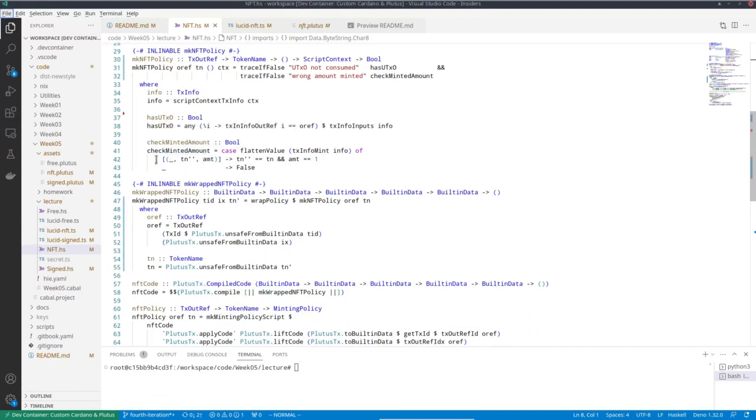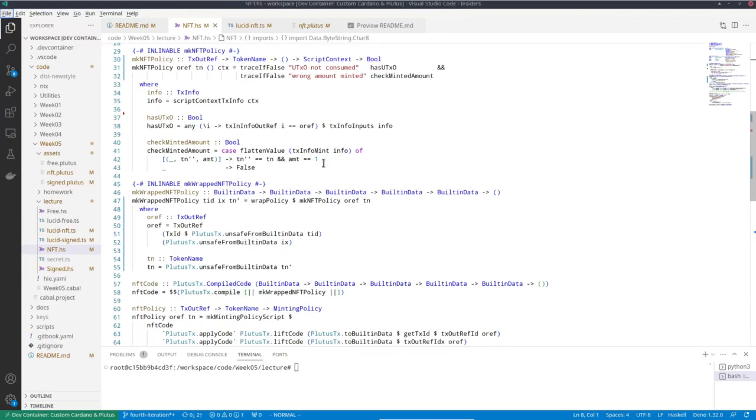So if there's only one coin being minted and we are in the process of executing the script, we know it's this currency symbol, the one that corresponds to the script we are writing just now. So I must check that the token name is the one given by the parameter and that the amount is 1. So we are minting or burning exactly one coin, and that has the right token name and the amount 1.